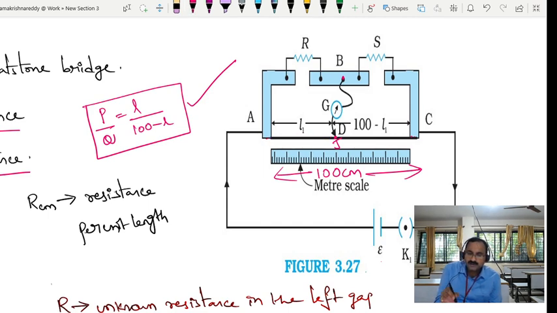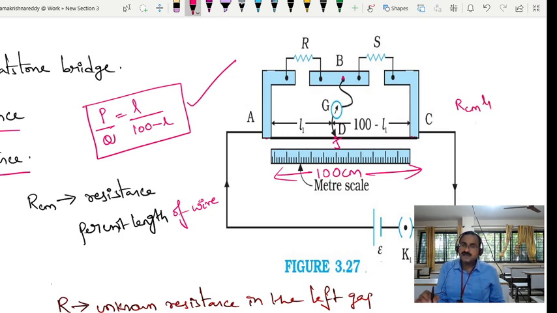What I am doing is imagining that RCM is the resistance per unit length of the wire. I want to calculate the resistance of the portion from A to J, so the length is required. When you multiply RCM, the resistance per unit length, into L1, the length, what do you get? The units cancel and we get a resistance. What is the resistance of the wire from A to J?